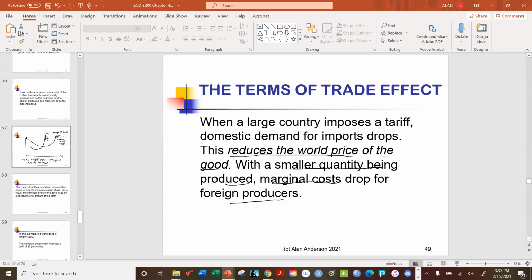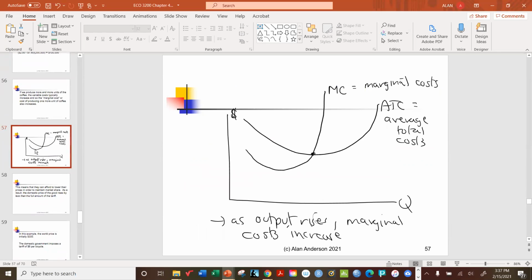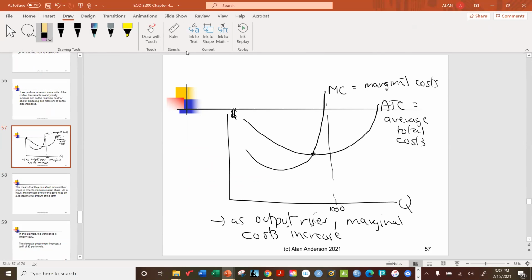If we make less of the product, let's say we were here, producing 1,000 units of this product, and the marginal cost is, let's say, $10. If we cut back to, let's say, 500 units, the marginal cost is now down to about $5.